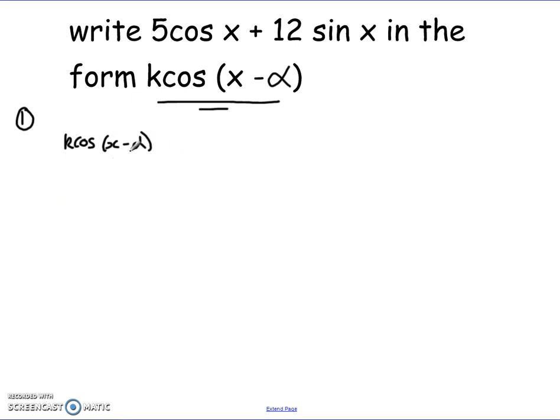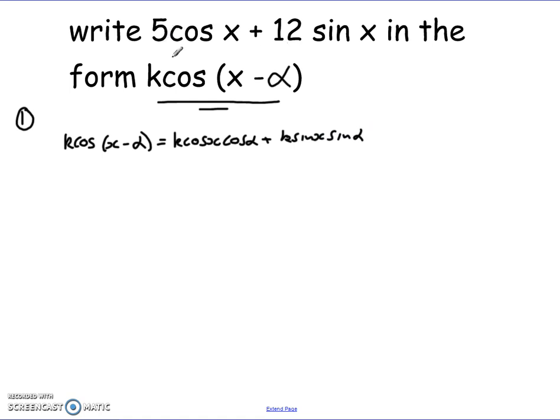So the same would be here. The only difference is instead of an a, I'd have x, and instead of a b, I'd have my alpha. But the other difference would be there's a coefficient of k here. So each term in my expansion would need a k coefficient. So I'd actually have k cos x cos alpha plus k sin x sin alpha.